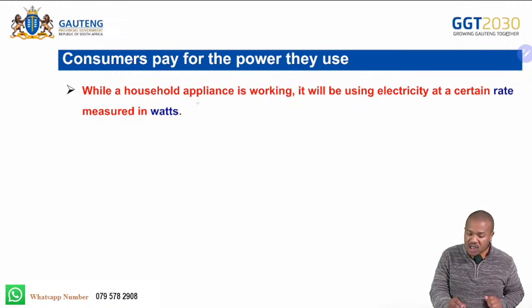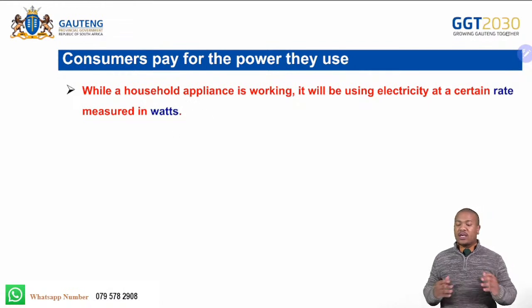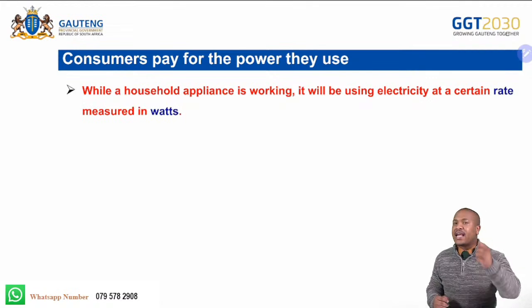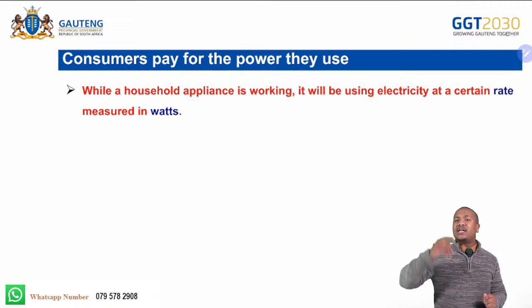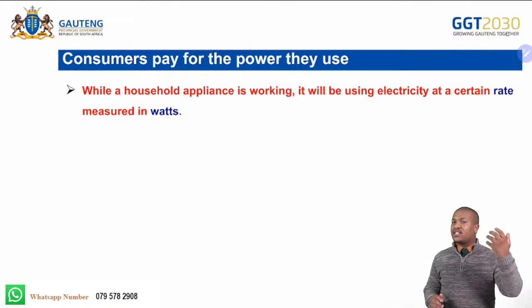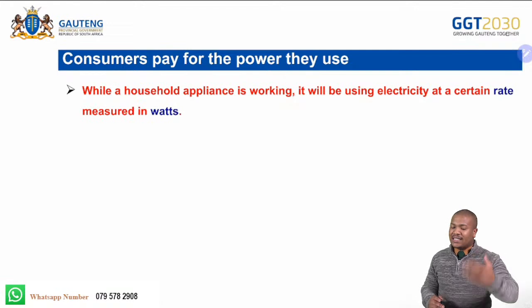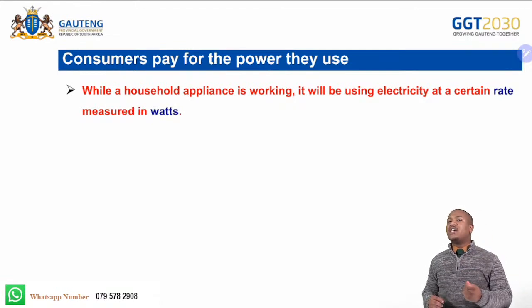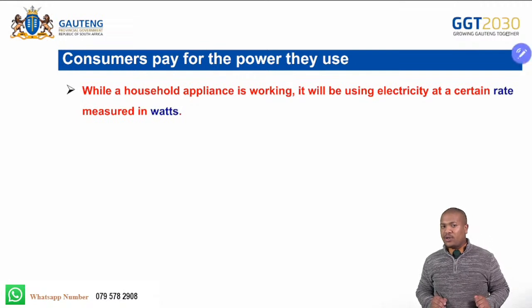So while a household appliance is working, it will be using electricity at a certain rate. As we are boiling water, as you are turning on that geyser, as you are cooking on that stove, it is using electrical power at a certain rate, which is measured in watts. Are we together?